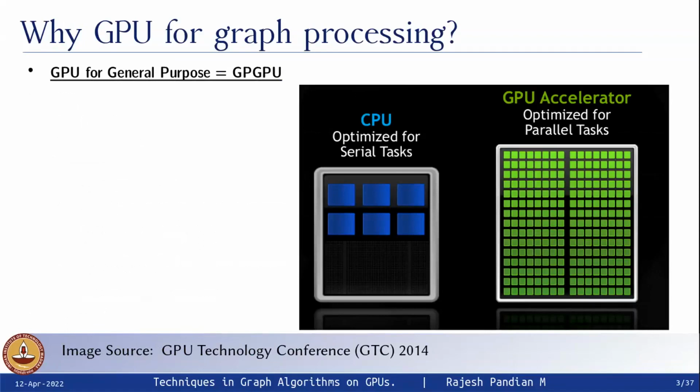And when programmable shaders came, which made graphics and animation software possible, they are called programmable shaders. When the shaders became programmable, some people thought, why don't we use GPUs for general purpose computing?